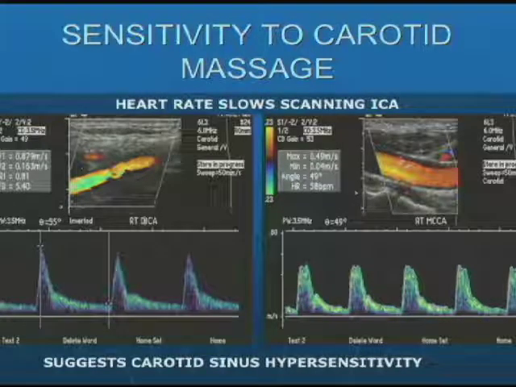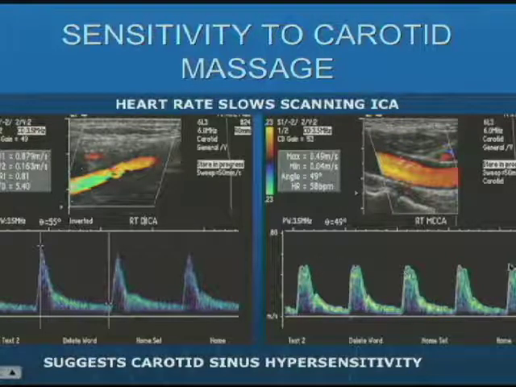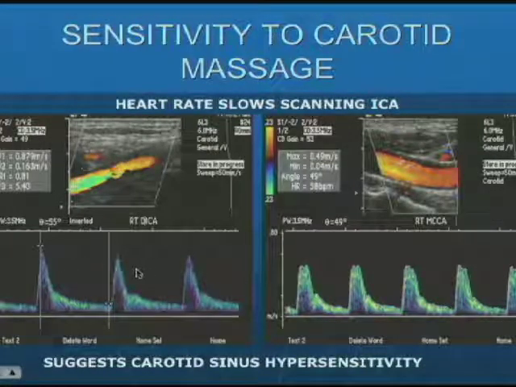And you see here on the right, you have a normal velocity, and on the left, in the same patient, the flow is significantly slower. And in patients who have a great deal of carotid sinus hypersensitivity, they can even faint if too much pressure is put on the bulb. So you need to tread lightly with these particular patients.